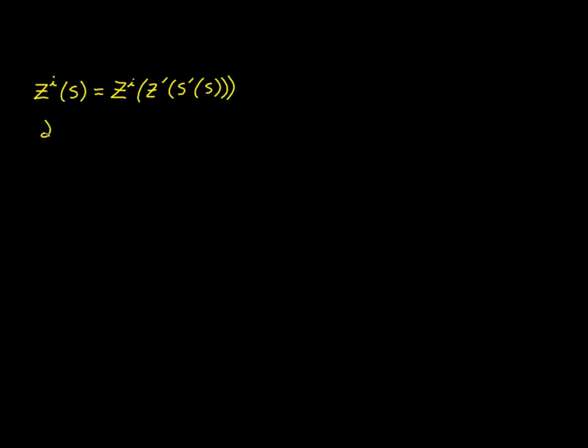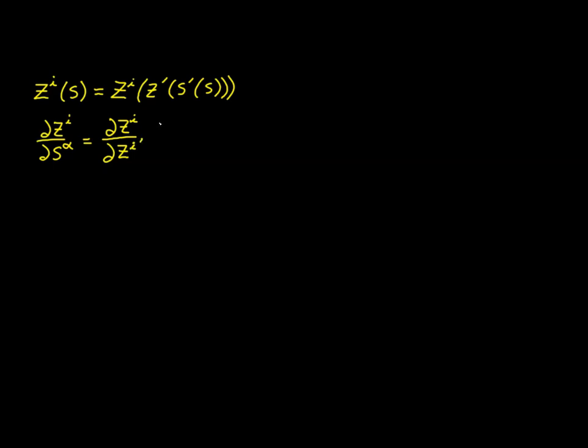Okay, so let's take the partial derivative. We've got the partial of zi with respect to s, and we need a Greek letter here, so we'll use alpha. And that's going to be equal, first of all, to the partial of zi with respect to our z prime system, so that's going to be with respect to zi prime.